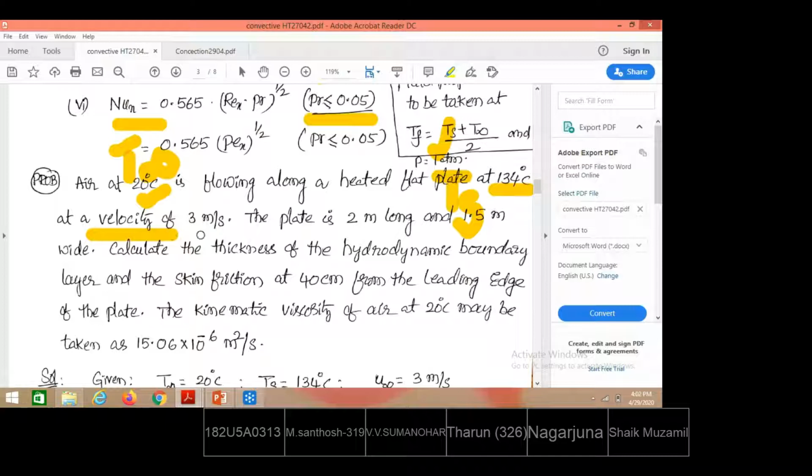The velocity of 3 meters per second is given. The plate is of 2 meters length and the width is 1.5 meters. So the length is 2 meters and the width is 1.5 meters.